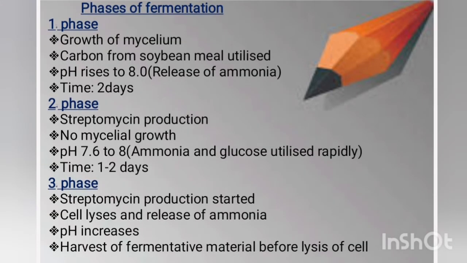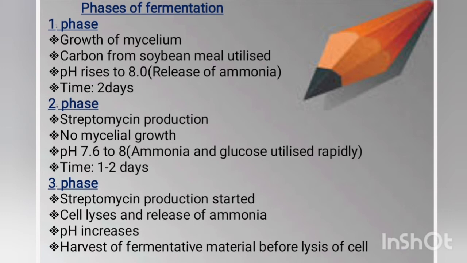First phase of the fermentation. In the first phase, the growth of mycelium occurs. The proteolytic activity of Streptomyces griseus releases ammonia from the soybean meal, and carbon from the soybean meal is also utilized.